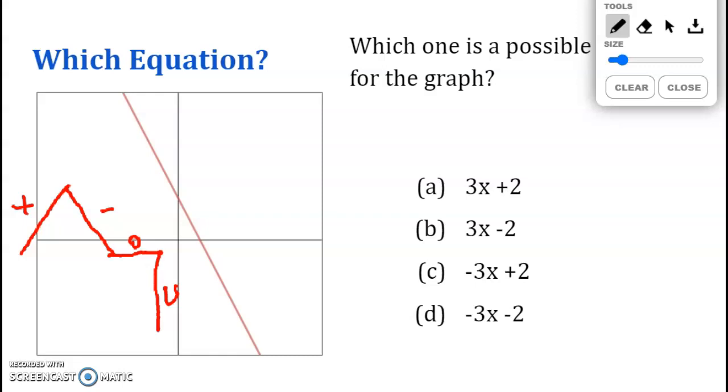So possibly this one or this one. But then we need to look at the y-intercept. Is it positive or negative? It's positive, because the y-intercept is above 0, so we want it to be positive. So this is the correct one.